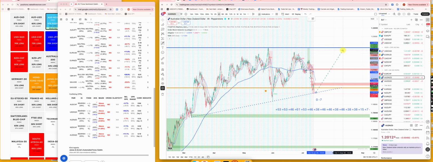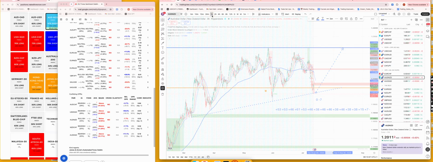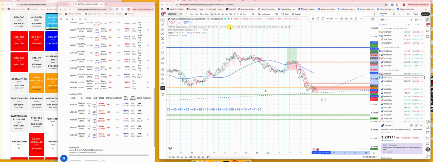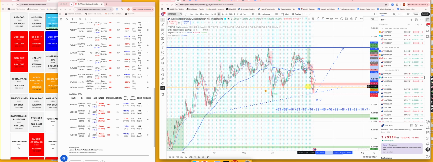But we would need some more signals, i.e. we would need the moving average. Let's have a look where it is on the 1 hour. Yeah, no. It's bearish on both, isn't it? And we'd need this to be way stronger. There's no trade on that at this moment in time, unfortunately.